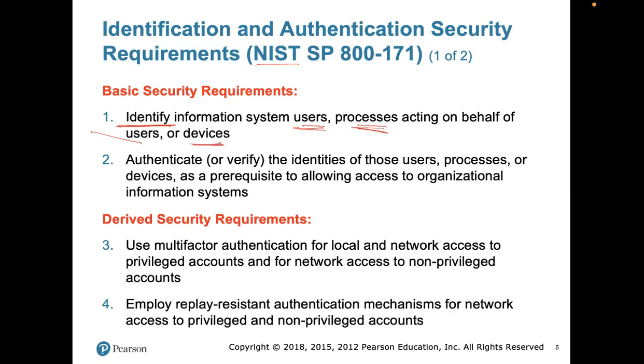The reason they say users, let me count it: number one, processes number two, and devices number three, is that sometimes a user tries to access, sometimes a process tries to access on behalf of the user, and sometimes it's a device.